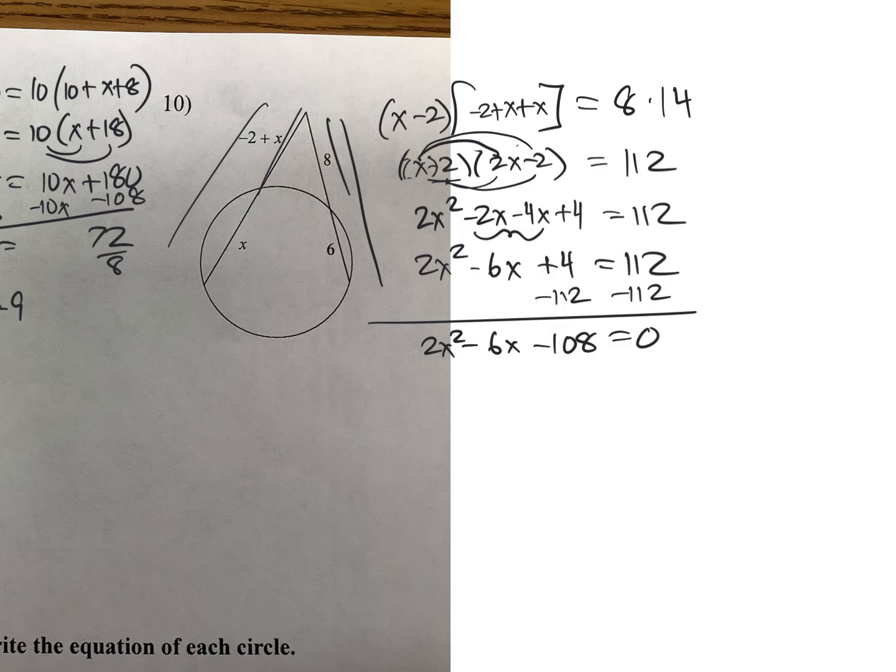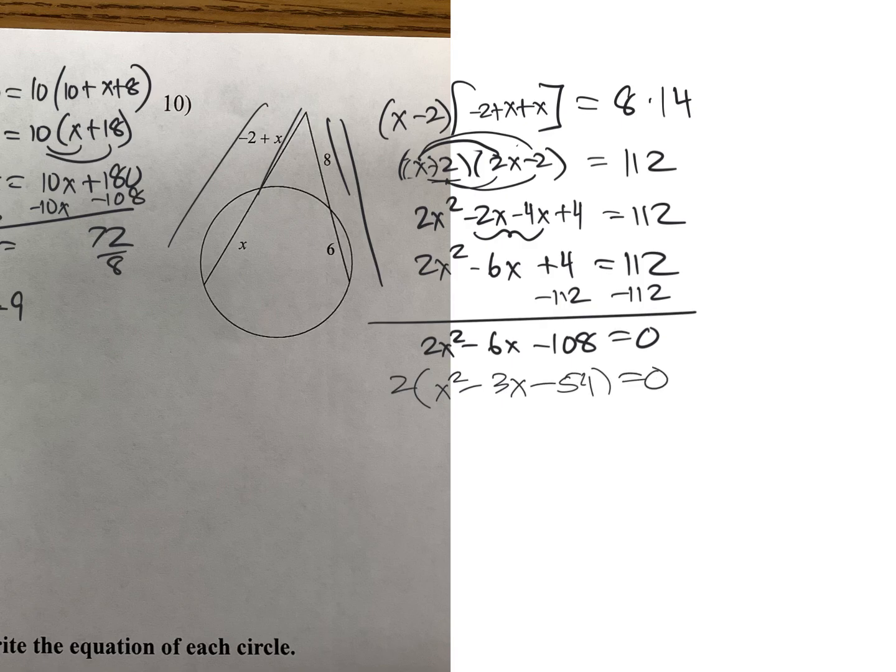And always, if there is something to factor out of all of your terms, you should do that before you try to factor like a normal trinomial, okay? So I can factor all of these by 2, okay? So I can take a 2 out of all of them, and that gives me x squared minus 3x minus 54.